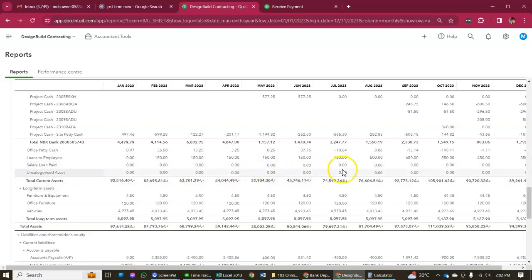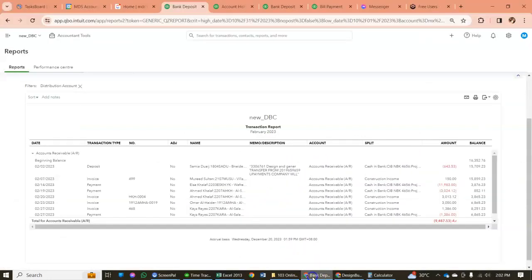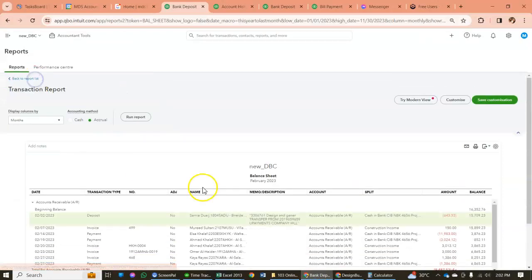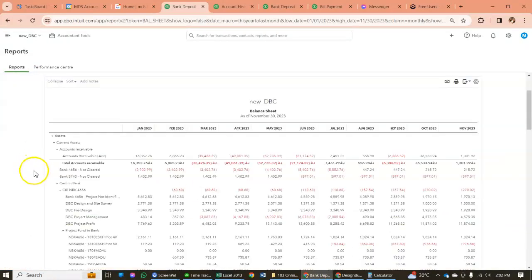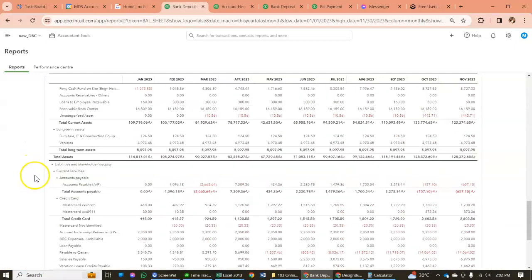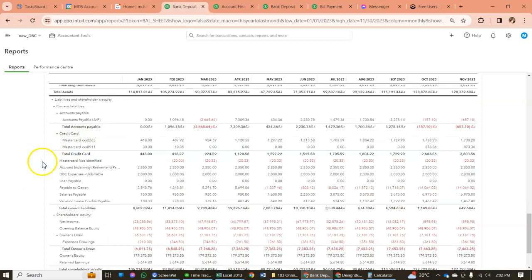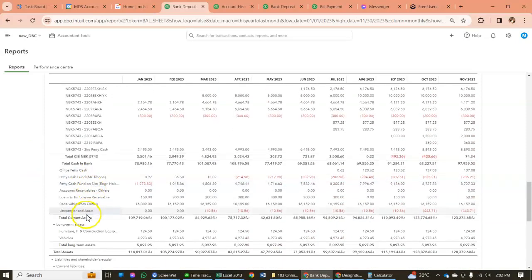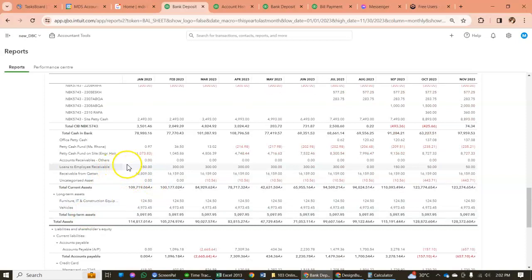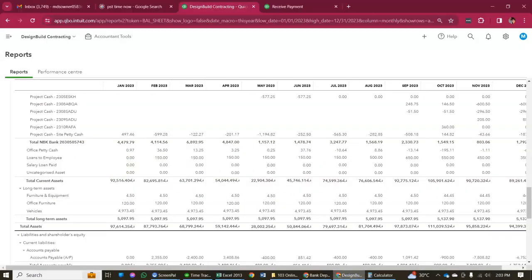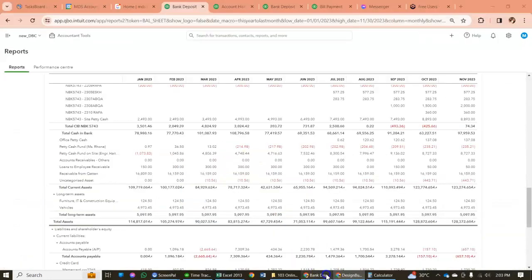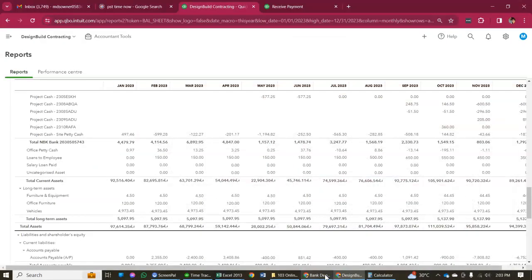And if there are some corrections, for example for the other accounts, if you observe, like this example, we have loans to employee receivable. We have 150 at first, but they don't have it.